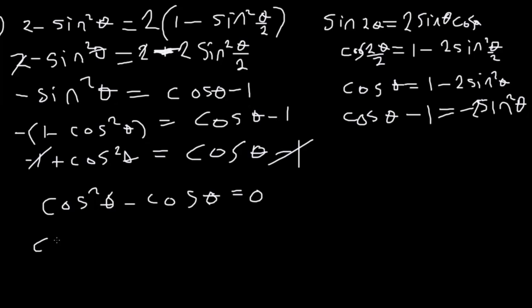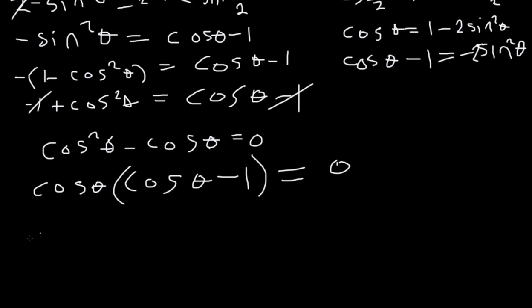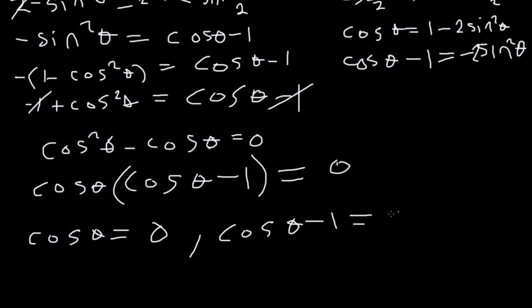Then you can factorize this cos this side. Cos theta, then open brackets cos theta minus 1 is equal to 0. So meaning cos theta is either equal to 0 or cos theta minus 1 is equal to 0.